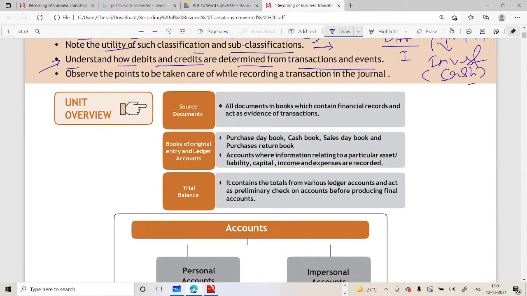Okay, so sources of documents, that is what we refer to in order to prepare the books. In accounting, throughout the year, throughout the duration, we record our transactions, and we also carry the information or sources, right?